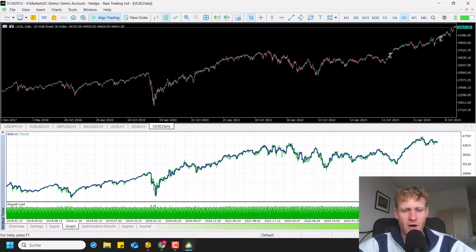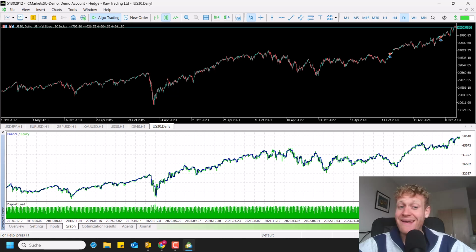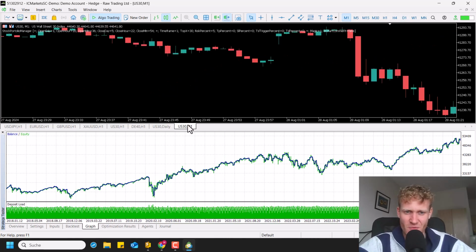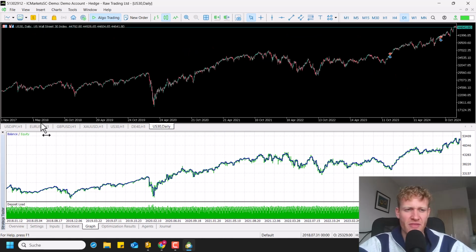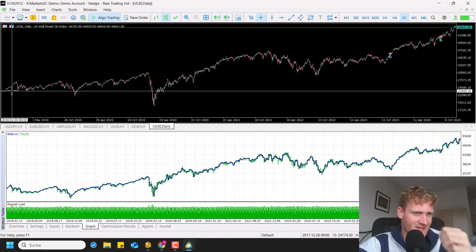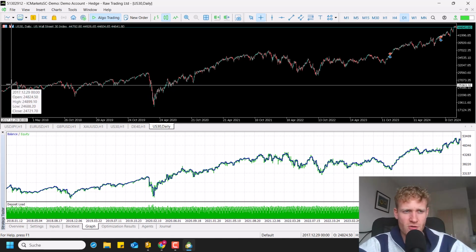So this test is about to end, and we can clearly see it is now looking very similar to the graph that we see up here. So here we have the normal graph of the US 30. The starting point is pretty much the same. The beginning is here, from this point on where my cursor is right now.